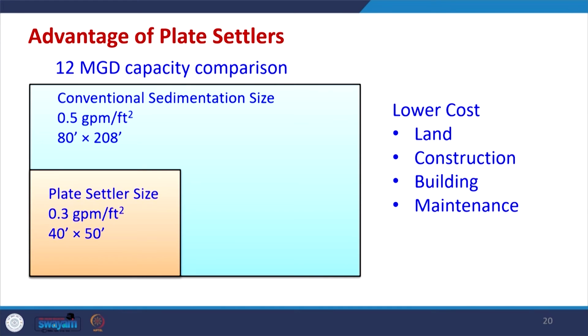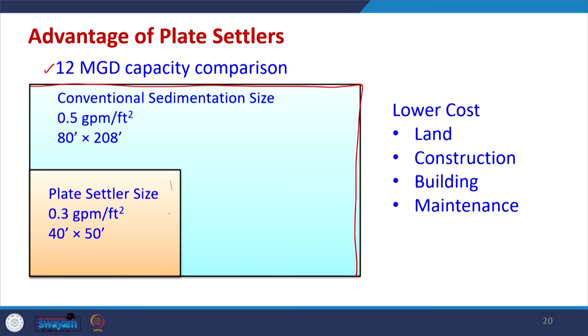Now, suppose we have a 20 million gallon per day capacity of water to be treated. A conventional sedimentation basin will require the area which is given here. Whereas if we use the plate settler, only this much area will be required.